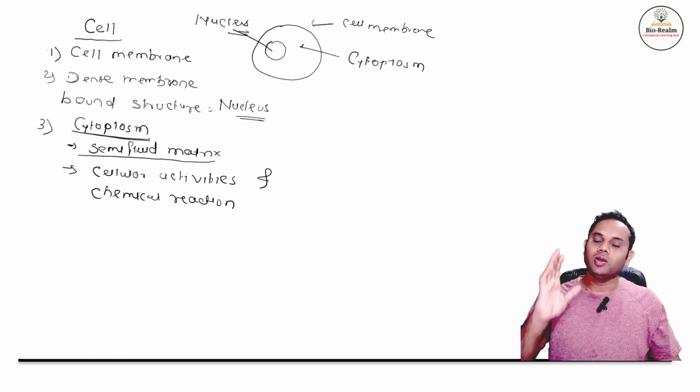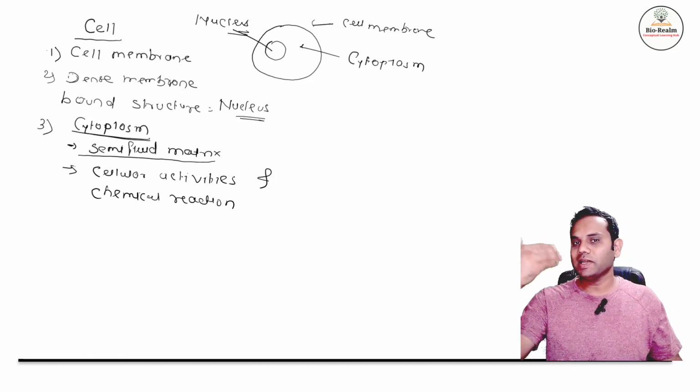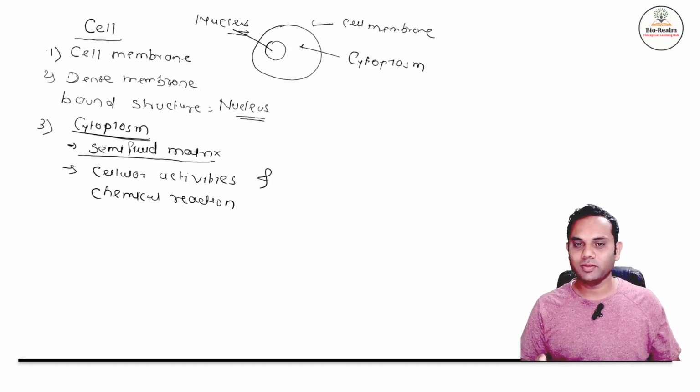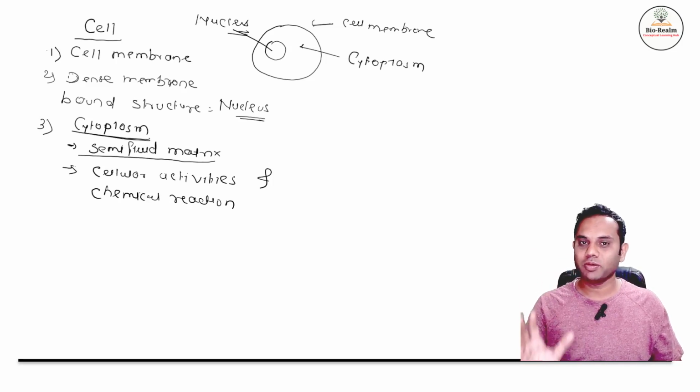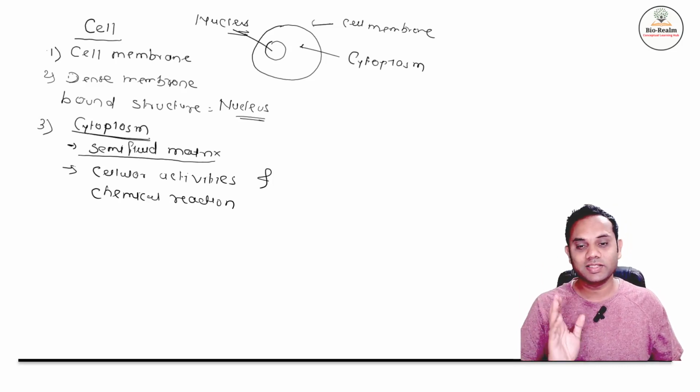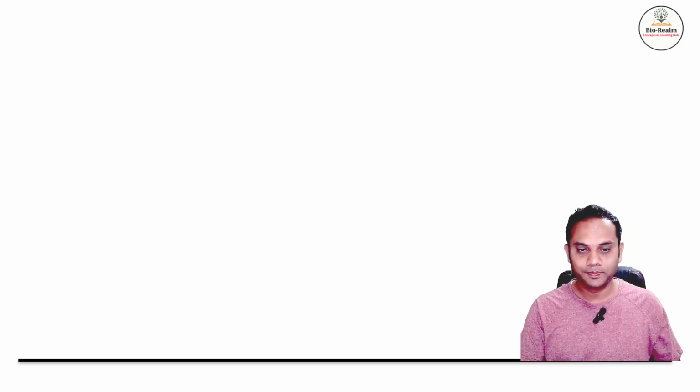Now this is the general structure, but as I told you earlier, the nucleus is not a part of every cell. On the basis of which type of cells have a nucleus and which type of cells lack it, the cell is categorized into two types. Let us see that on the next page. So, cell.